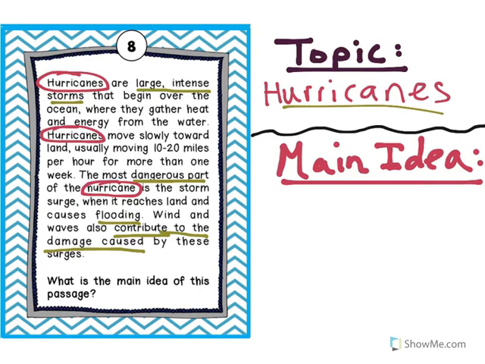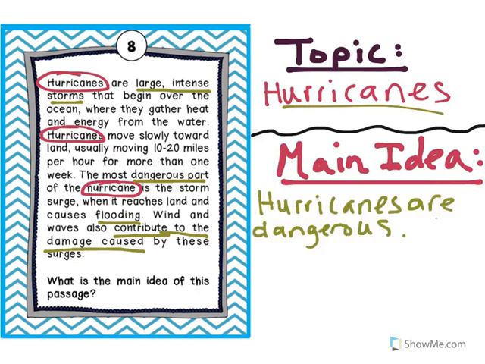So I have to say, and you probably agree with me, that it's really trying to tell us that hurricanes can cause a lot of damage. Looks like there's a lot of really good supporting details for that. Now you notice I changed from hurricanes cause a lot of damage to hurricanes are dangerous.